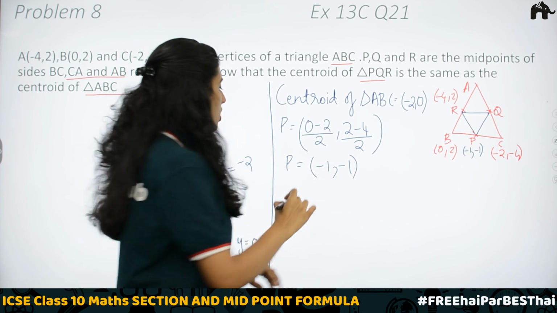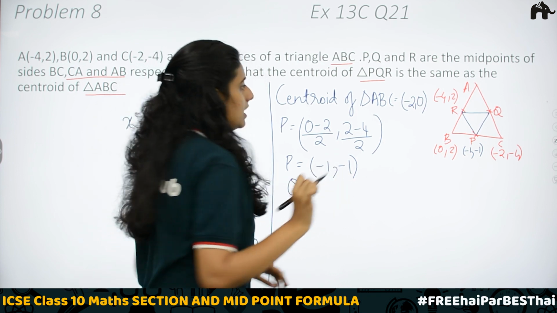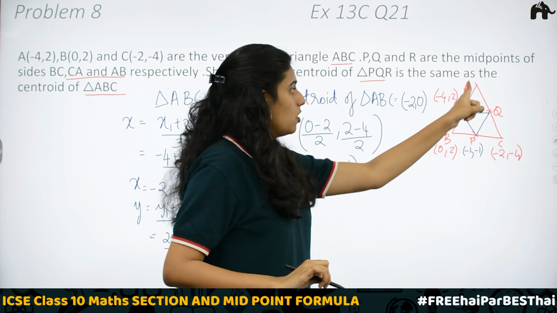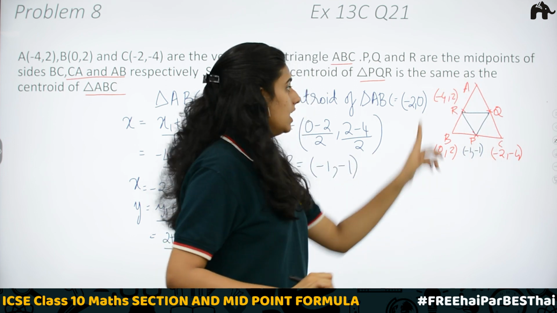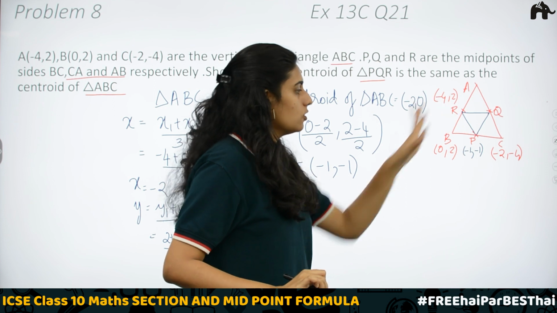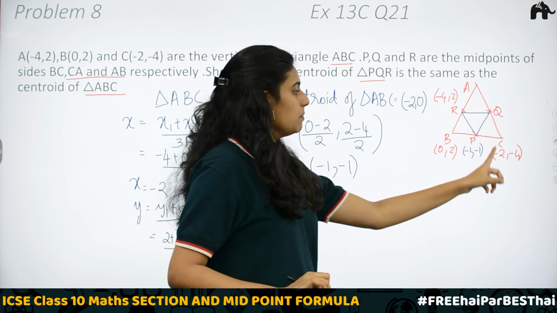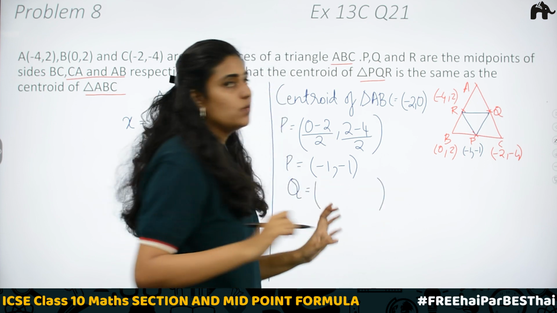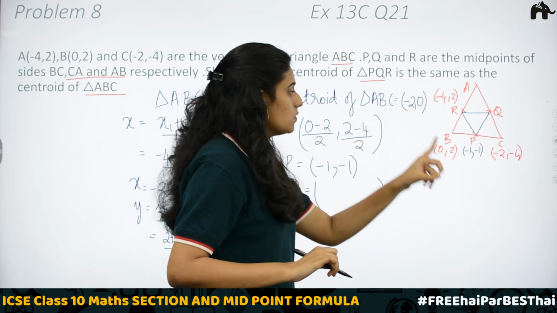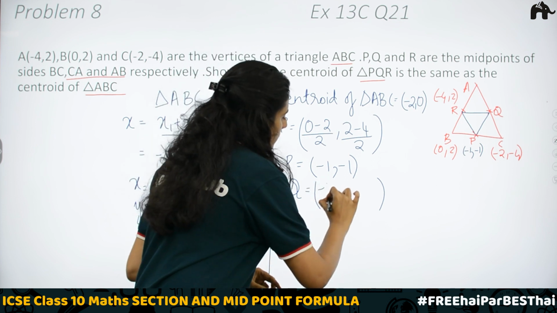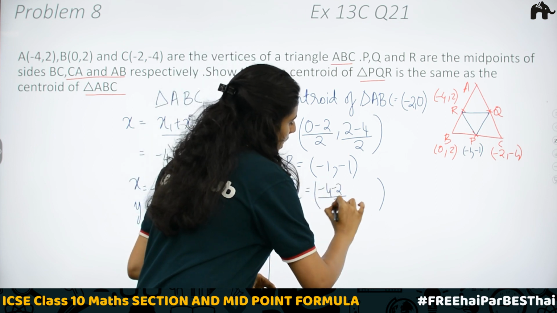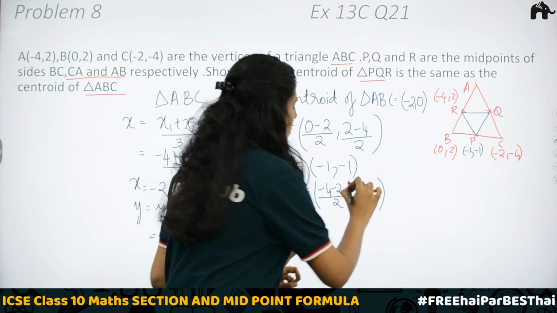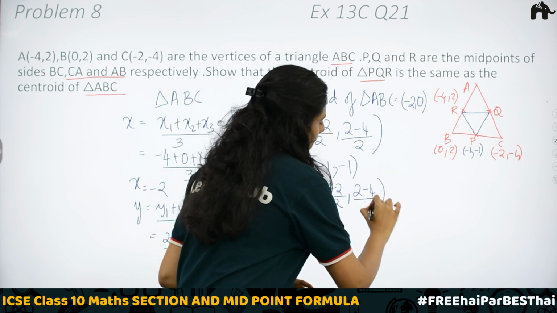Now we'll find the coordinates of Q. Q is the midpoint of A and C. So the first point is A and the second point is C. Here x1, y1 will be (-4, 2) and x2, y2 will be (-2, -4). Then what do we get? (x1 plus x2) by 2: (-4 - 2) divided by 2. (y1 plus y2) by 2: (2 - 4) divided by 2.